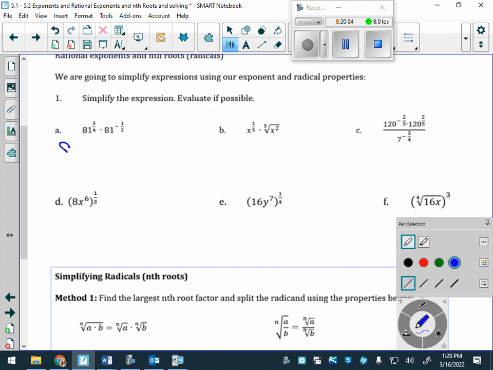Common denominator, which would be 4. So we have 81 to the 3/4 times 81 to the what? Negative 2/4. Okay. Now we're ready to add. So we have 81 to the 1/4. 1/4 can also be written as what? Yep.